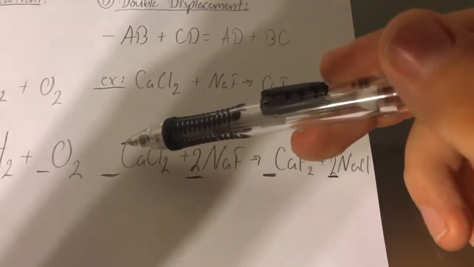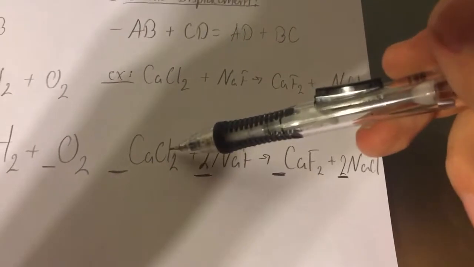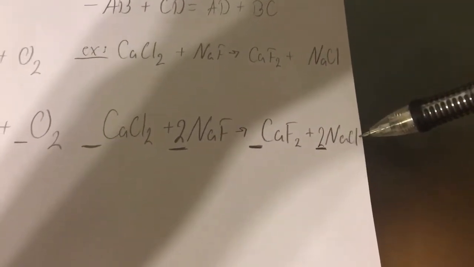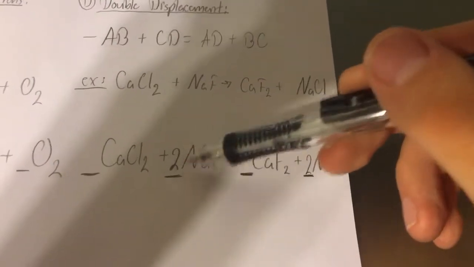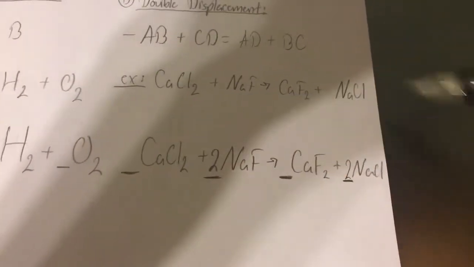We just leave this alone because the calciums are the same, and the chlorine is already 2 here, so we could put a 2 right here, and then we get 2 sodiums and 2 chlorines. Now, of course, our sodiums need to be balanced, so we put a 2 here because sodium is with fluorine. And now, it's all balanced.